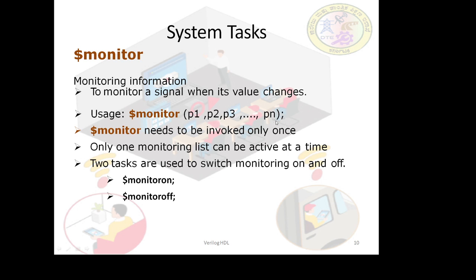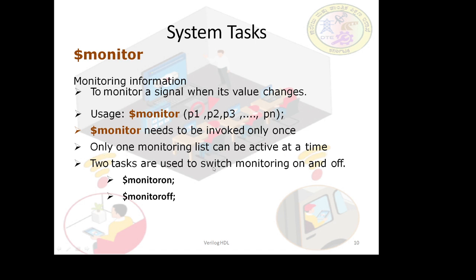This is an example just shown. So we need not write the values again and again when they keep on changing, by using the dollar monitor. Dollar monitor keyword is used only once. So we will be using this dollar monitor only once. So one monitor list can be activated at a time.